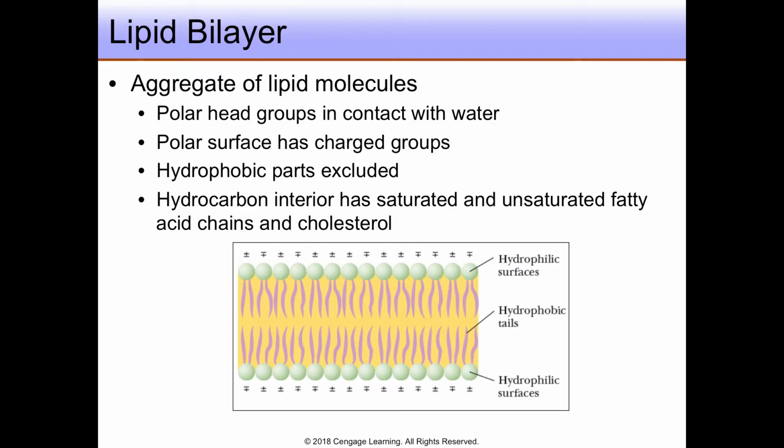Recall that the lipid head groups always carry charges and can therefore interact strongly with the polar water molecules. From the figure below, note also the position of the hydrophobic tails. They are facing the internal region in association with each other and in exclusion from the water environment. Also remember that these hydrophobic tails are fatty acid chains of variable lengths and degrees of saturation.